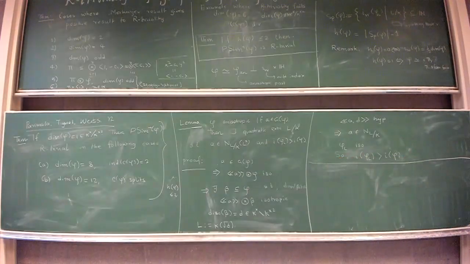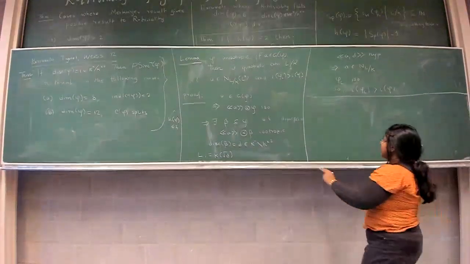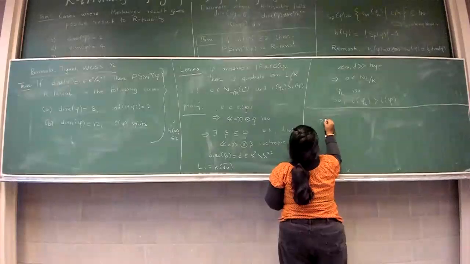Now we come back to our proof when height is at most 2, that is R-trivial. So this is the proof of the theorem.